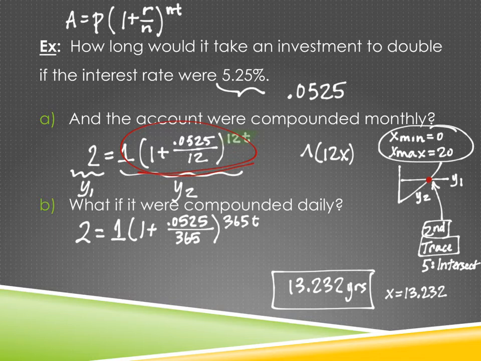So you're still putting this in y1. You're still putting this in y2. We're going to go through the same steps where we're looking for the intersection. So your graph should still be a good window for it. You shouldn't need to manipulate that.